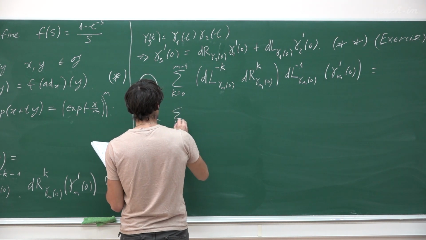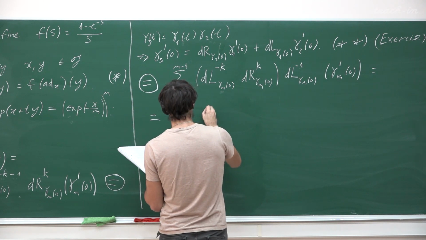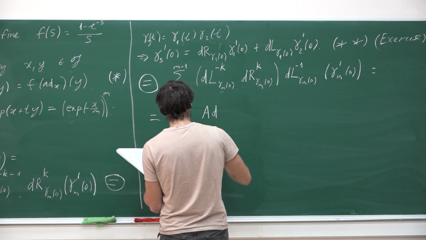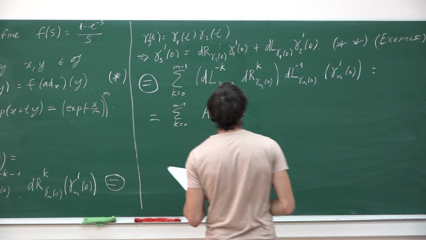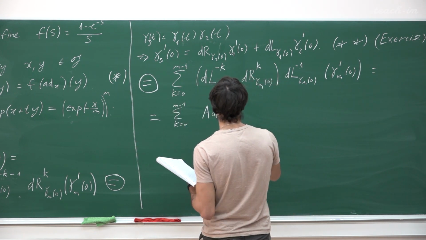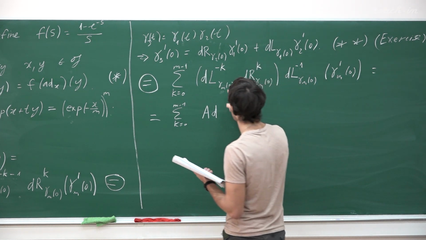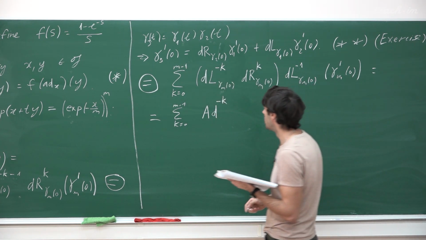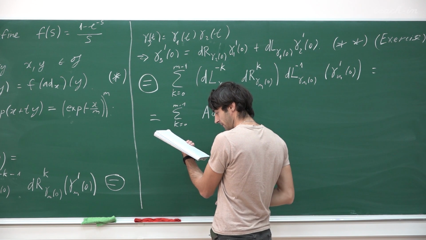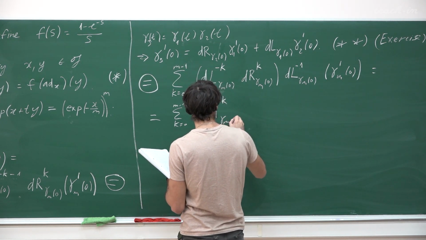Sum over k from 0 to m minus 1 of Ad, which is conjugation, so g something g inverse, right? So I really should take the power negative k here, gamma m of 0.